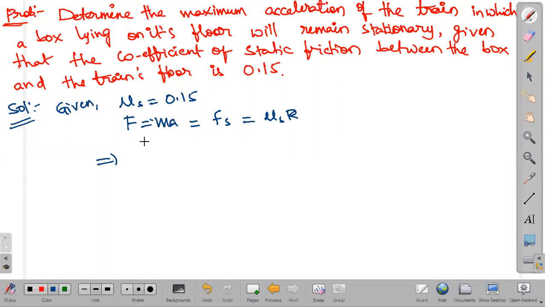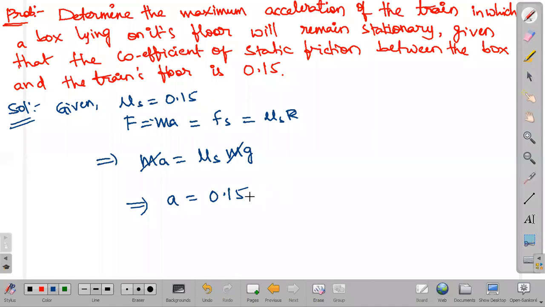Now, if I write this, F is equal to ma. Ma is equal to mu s into R. R is the weight, meaning the normal reaction force will be balanced by weight. So we can write mg, and this m will be cancelled out. Now acceleration a is equal to mu s into g. Mu s value given is 0.15, right?